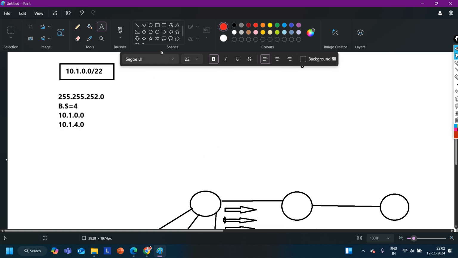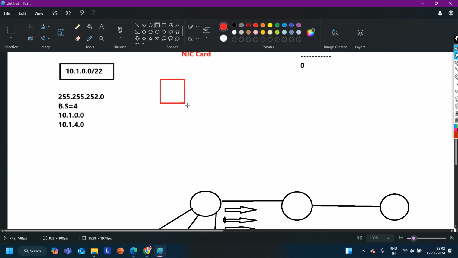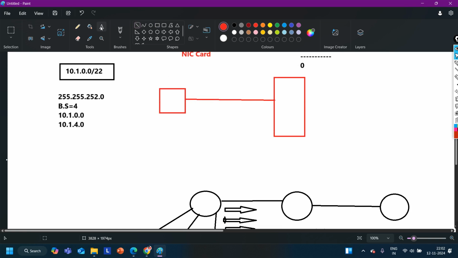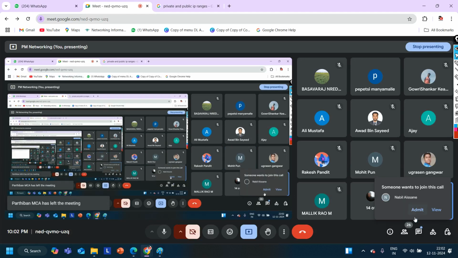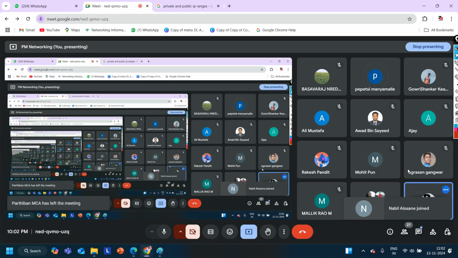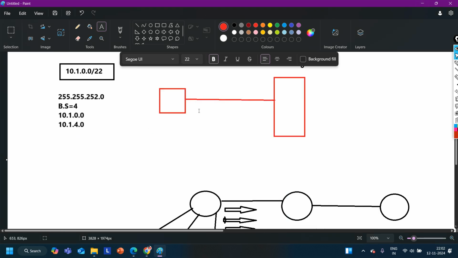Now the next thing you need to learn is, for example, I have two computers, or one computer and one server. The first step is both should have an IP address, the basic requirement of communication, and a MAC address on their NICs.